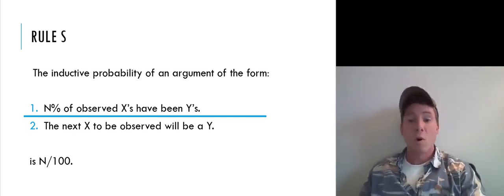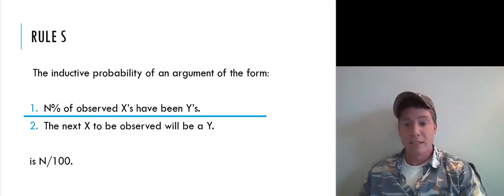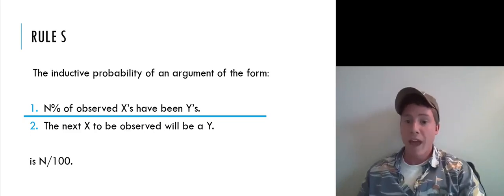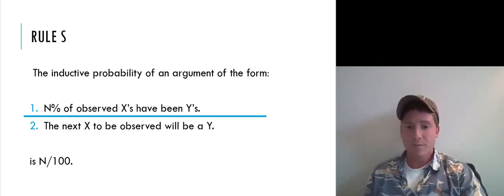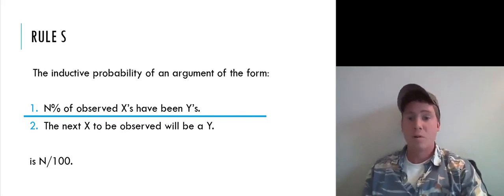So in the case where all x's have been y's, or 100% of the x's have been y's, we'd assign the corresponding argument a maximal inductive probability of 1. In the case where only half, or 50% of the x's have been y's, we'd assign it an inductive probability of just 0.5. Okay, so this is at least, perhaps you might think, a start to building a formal inductive logic.